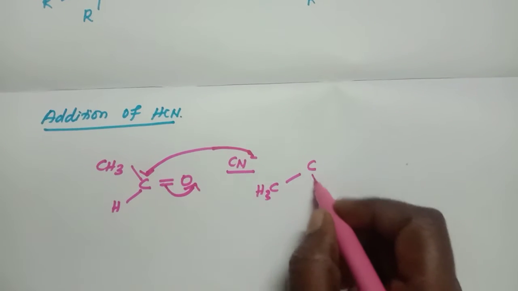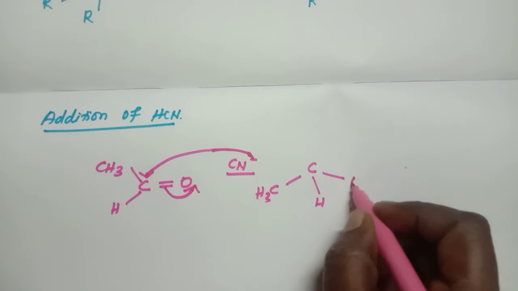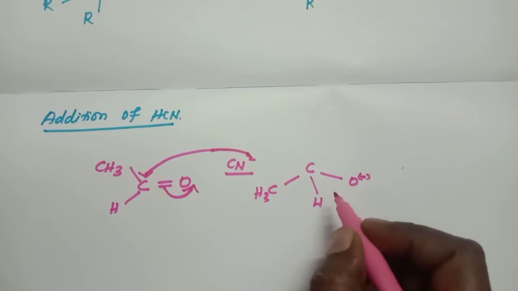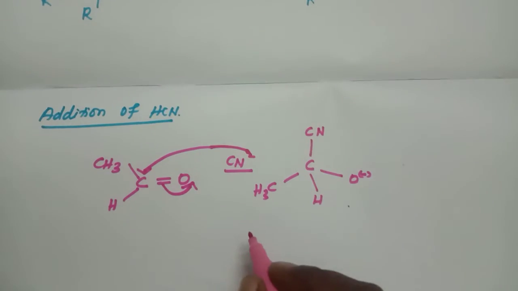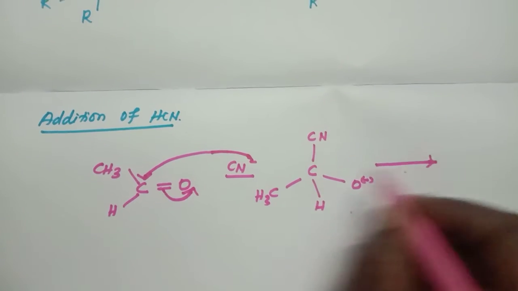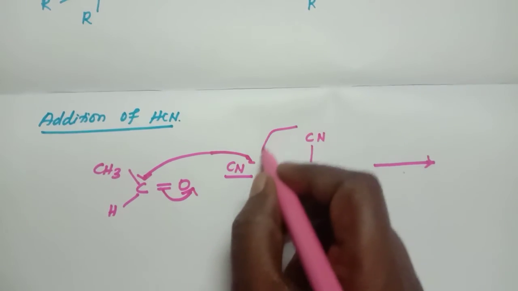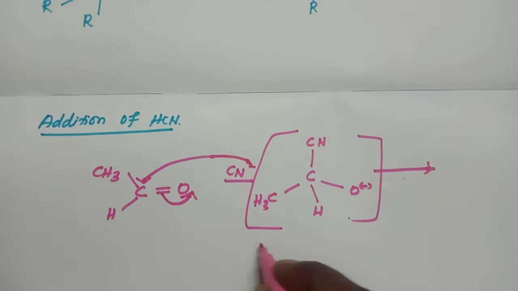CH3, hydrogen. This is the oxygen which carries negative charge, and this is the cyanide ion. This is the tetrahedral intermediate.